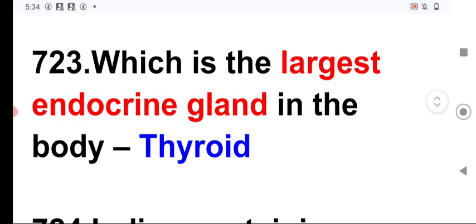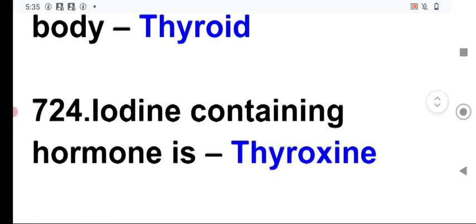Next question. Which is the largest endocrine gland in the body? This is the thyroid gland, which is situated in the neck region, and it secretes the iodine containing hormone, that is thyroxine, and due to the deficiency of iodine, a disease known as goiter is found in the thyroid gland.